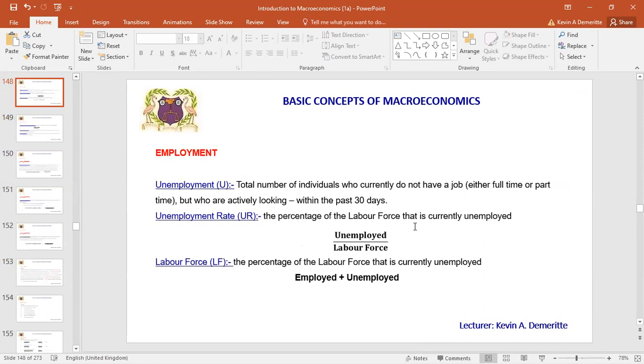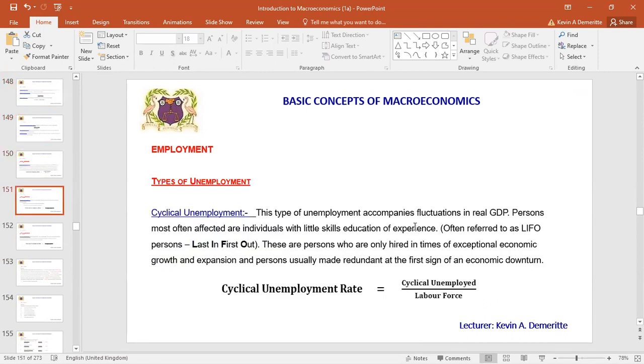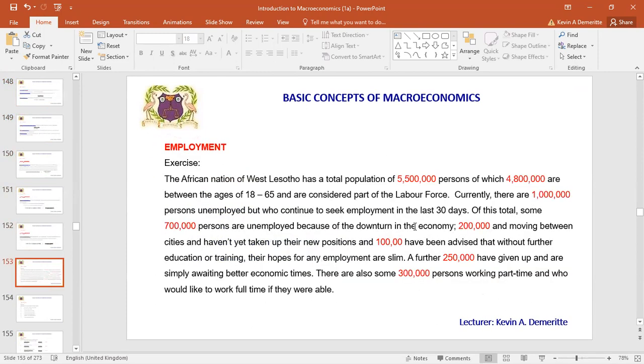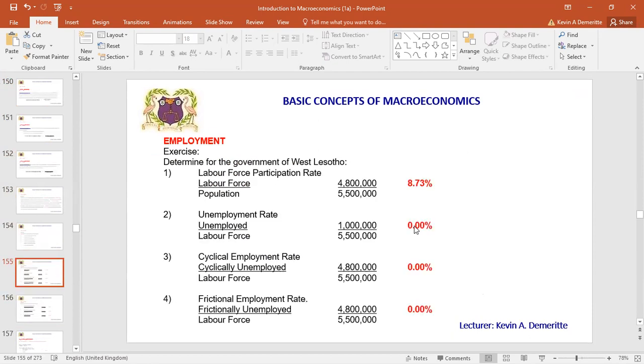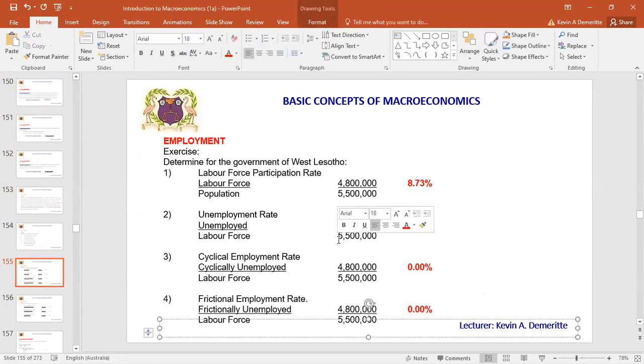Unemployment rate. Correct. Total number of unemployed divided by labor force. And what did we say our labor force was? Our labor force was 4.8 million. Okay, so then you're saying it should be 1 million over 4,800,000. Yes. Okay, I agree with you.